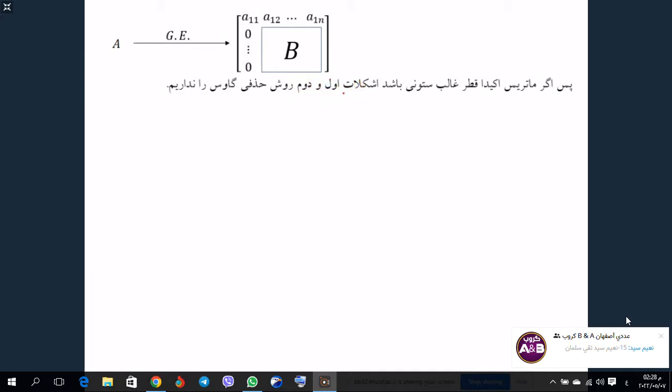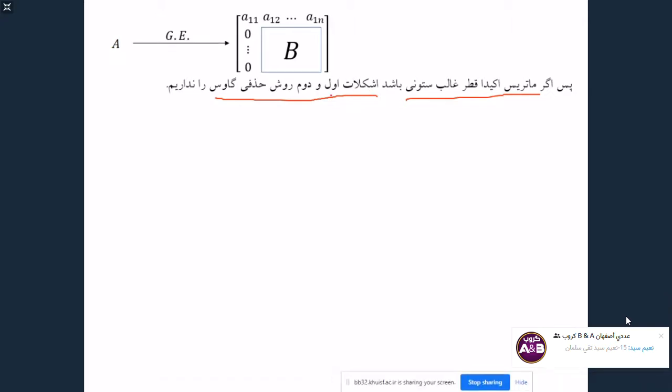So we drop the first and second errors of Gauss elimination in the column dominant mode.